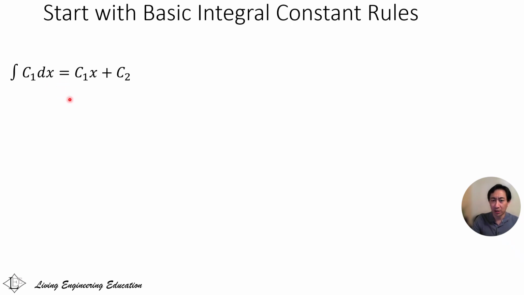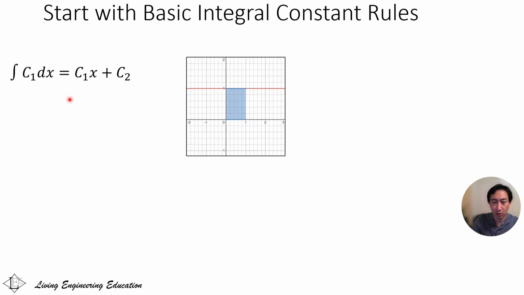What does this look like when I have a definite integral? Well, I can have a definite integral, right? So let's say this is my constant y equals 1, and I'm integrating it. The area under this curve is my integral. So I can take the integral from 0 to 1, 1 dx is equal to, well, when you're doing the definite integral, you don't need this extra constant part.